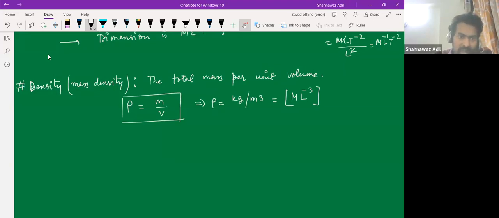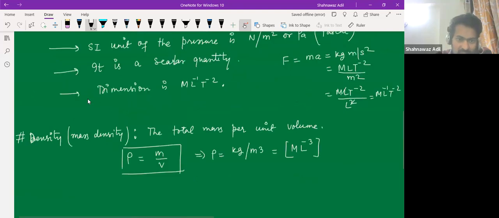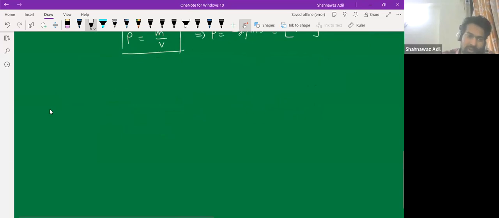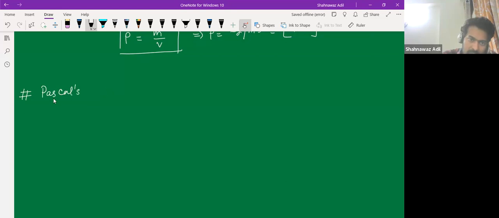So when we know the pressure and when we know the density, there is a very important law that governs the pressure at different heights, and that is called Pascal's law. Proof is not needed.